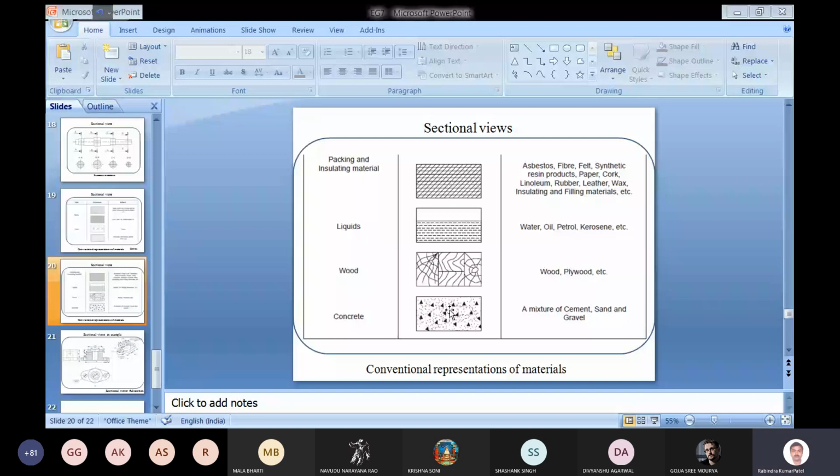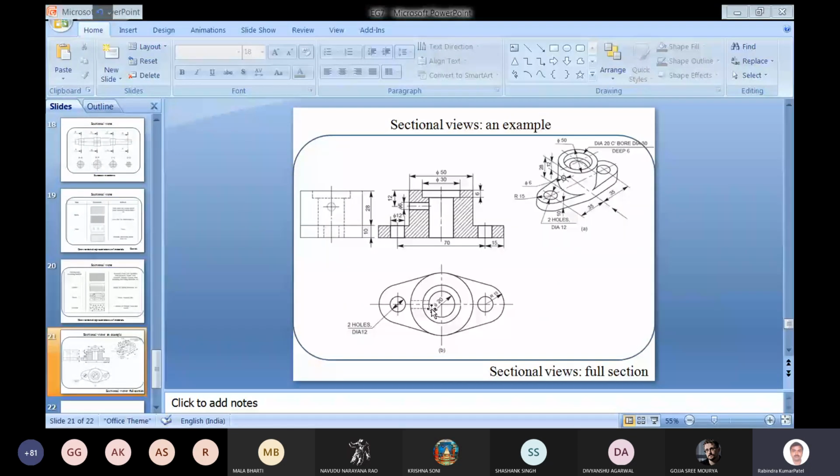So there is an example related to the sectional view. Here you can see this example is for the full sectional front view. If the cutting plane is passing from here to here, entirely through the length of the object, then the section produced by that cutting plane will be the full sectional view.